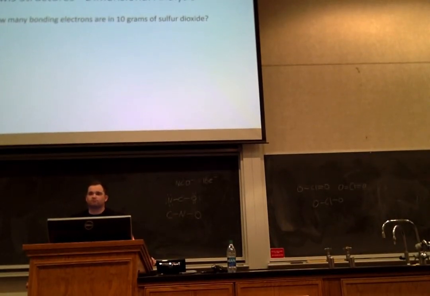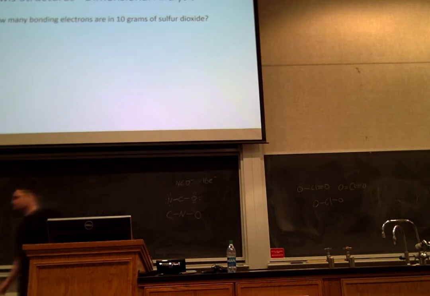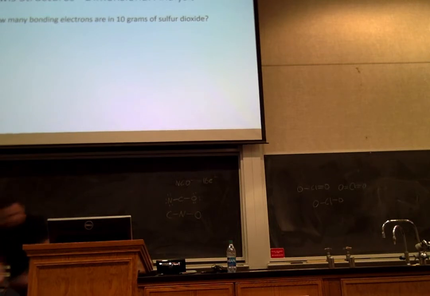Okay, so it would be 8 times 64 divided by... Well, I thought it was grams. So wait. There's 8 bonding electrons per molecule, which you multiply by 64 grams per mole of this molecule. I'm doing the dimensional analysis.